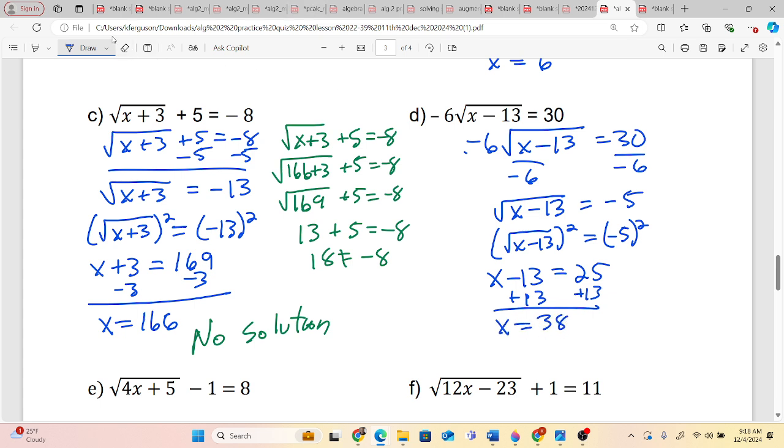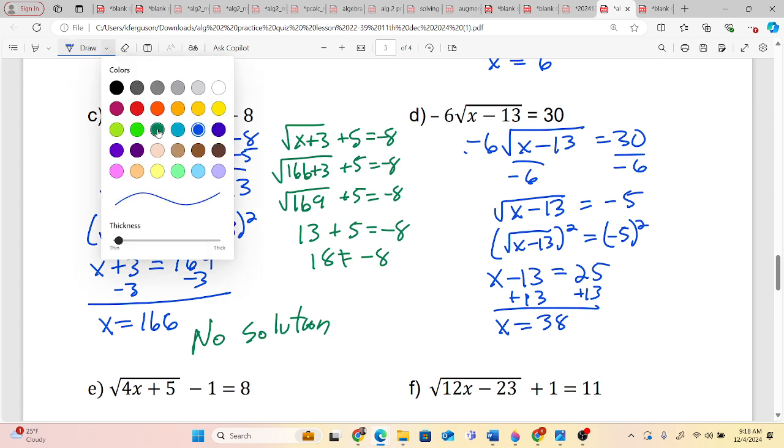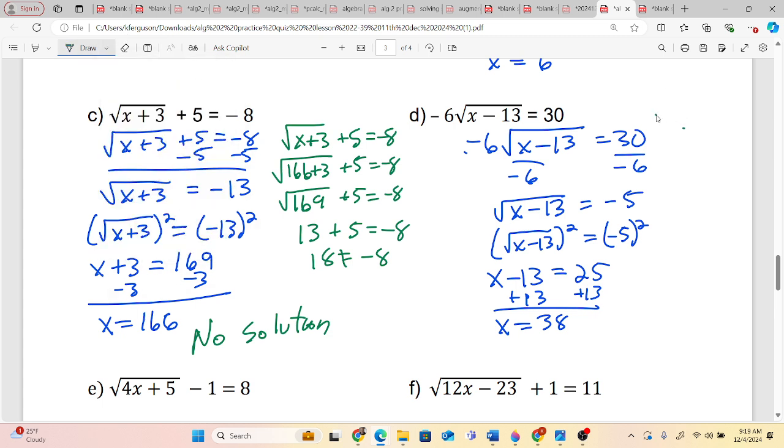So now let's check it. All right, so I've got negative 6 times the square root of x minus 13 equals 30. So now I've got negative 6 times the square root of 38 minus 13 equals 30. 38 minus 13, that's 25.